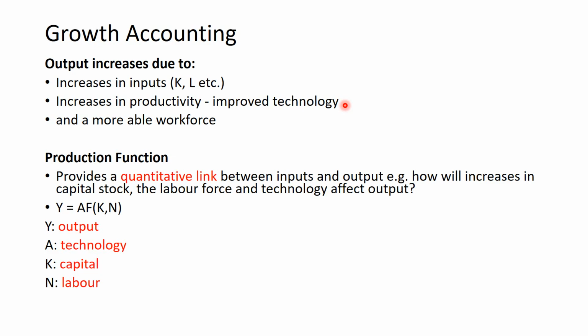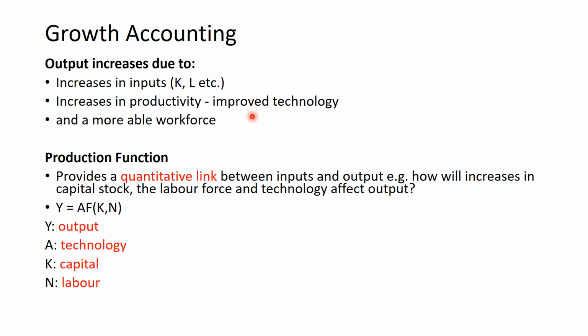So increases in productivity will be able to ensure that countries can use their existing factors of production, their existing resources, more efficiently to produce more. So we also recognize that yes, you need more going in to get more out, but also if you don't have more going in, if you are able to use what you have better through technological improvements, then you may also be able to get more outputs.